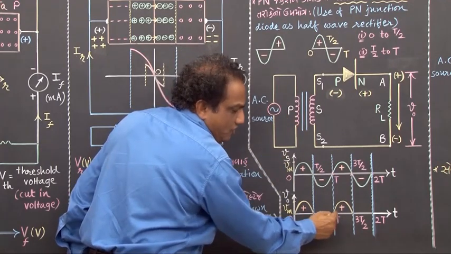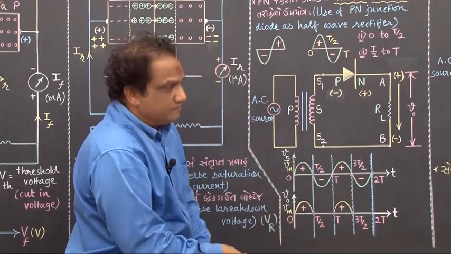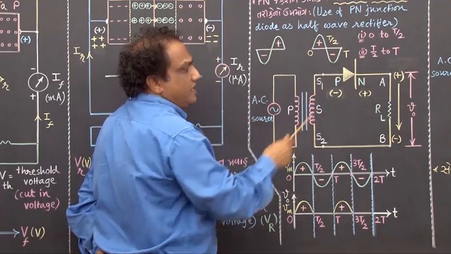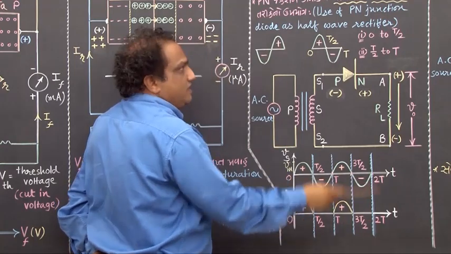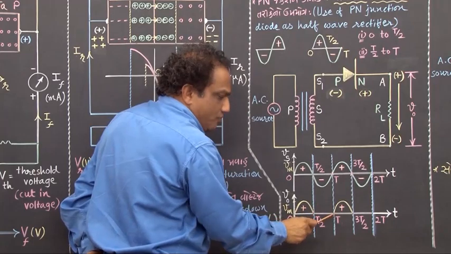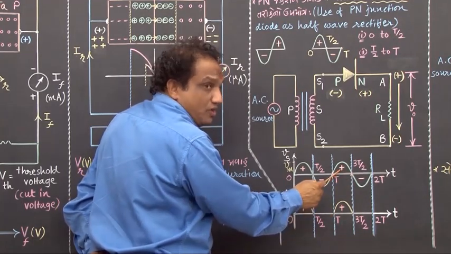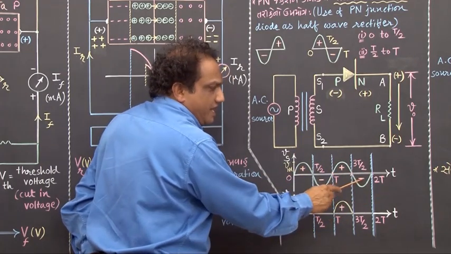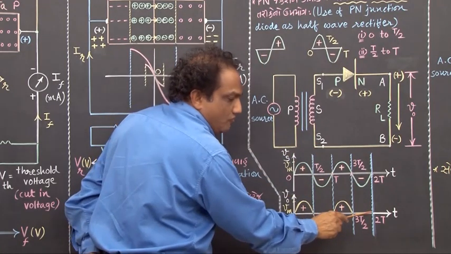So as long as there is a positive going half cycle in the secondary voltage, there is output voltage, but when there is a negative going half cycle, there is no output voltage. This repeats in each cycle.